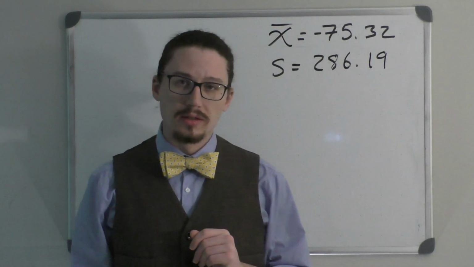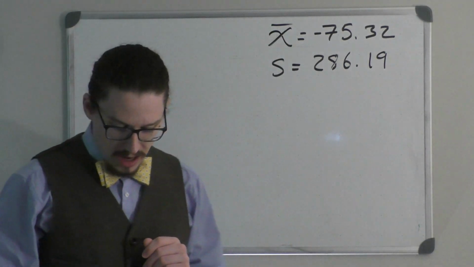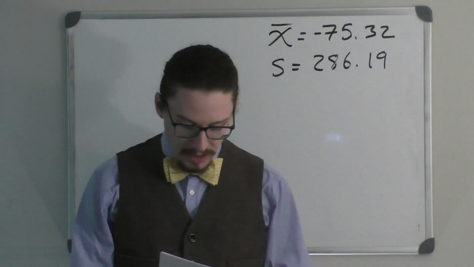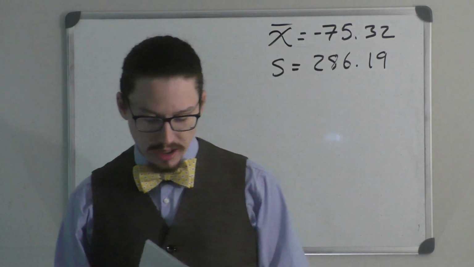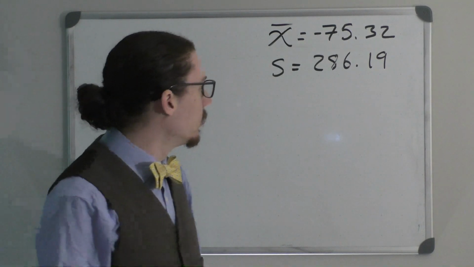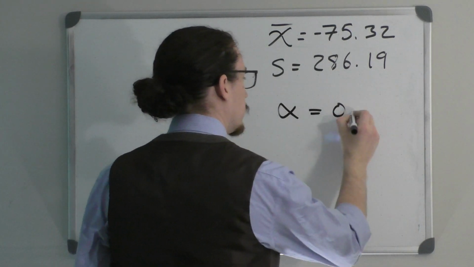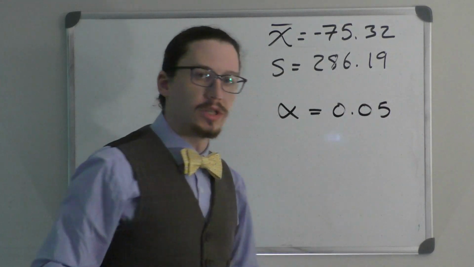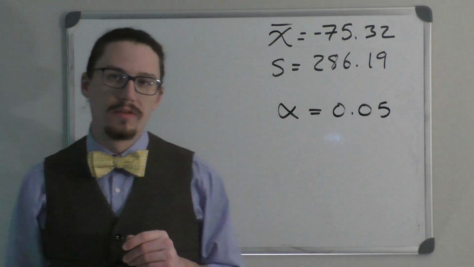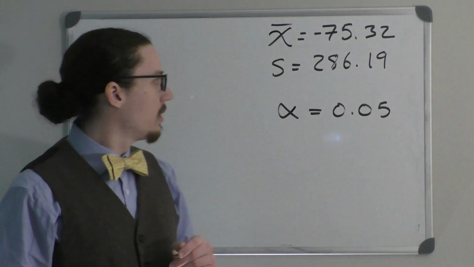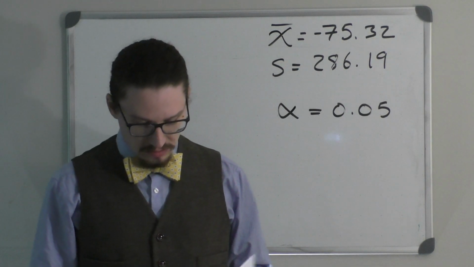That is our standard deviation. And we're going to use hypothesis testing to determine if you should shut down or not at the 95% level. So once again, a 95% confidence level corresponds to an alpha of 0.05.